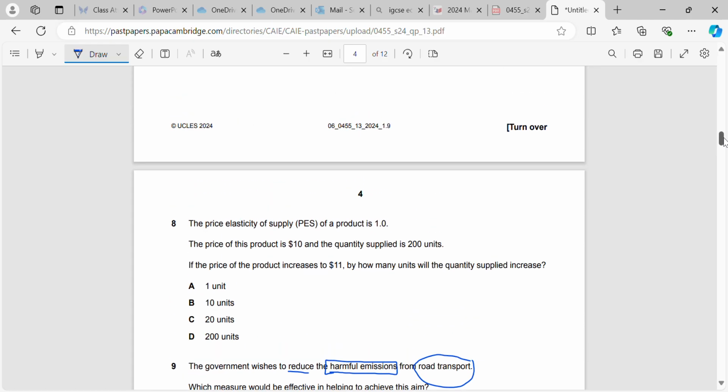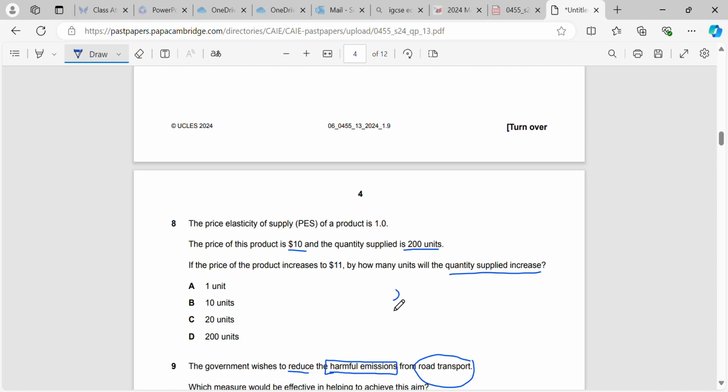Okay, the price elasticity of supply of a product is 1.0. The price of the product is $10 and the quantity supplied is 200 units. If the product increases in price to $11, how many units will the quantity supplied increase by? So we just input this into our formula.